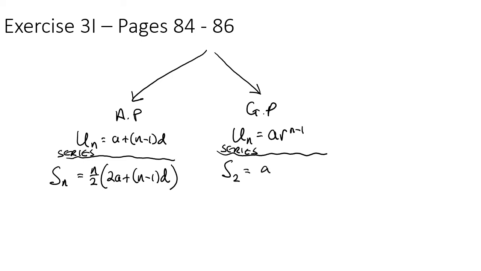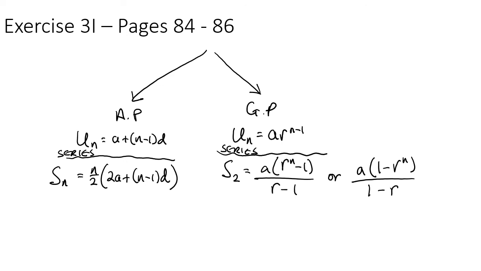That will be a times r to the power n minus 1 over r minus 1, or a times 1 minus r to the n over 1 minus r. And we also have a sum to infinity. Let's correct that too, that should be an n there. And our sum to infinity will be a over 1 minus r, and that will only exist when the modulus of r is less than 1.